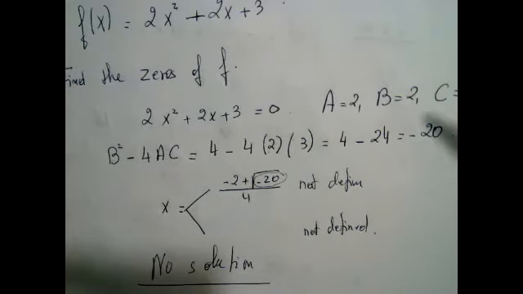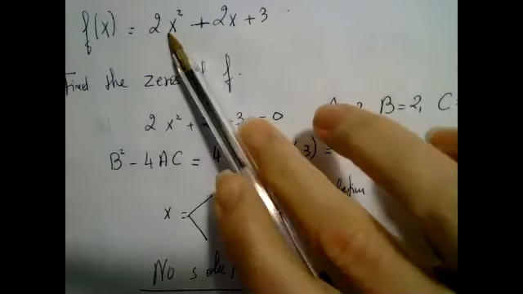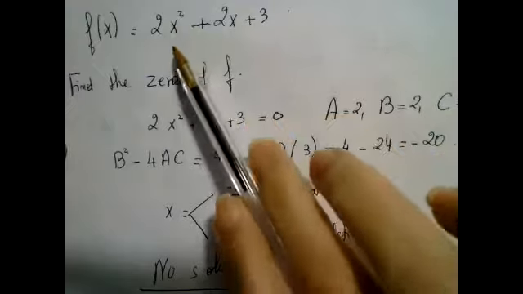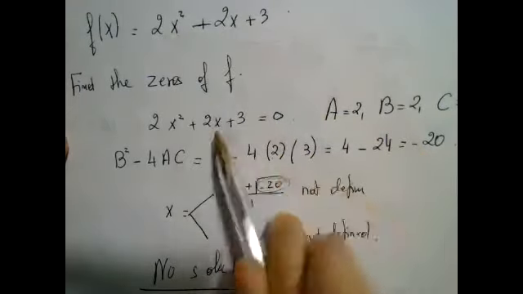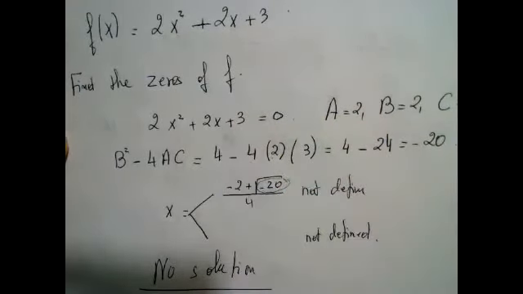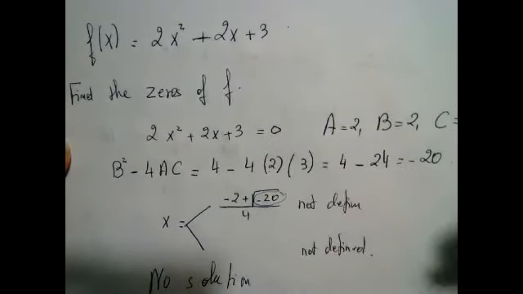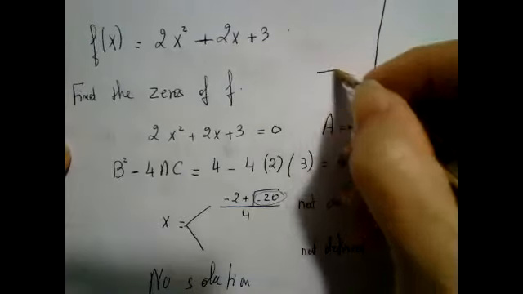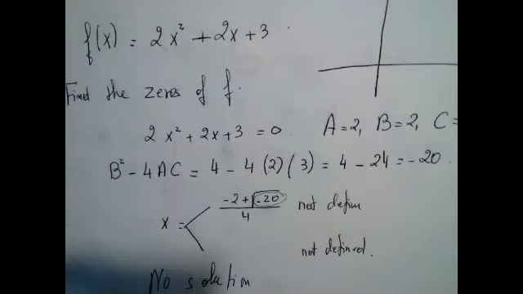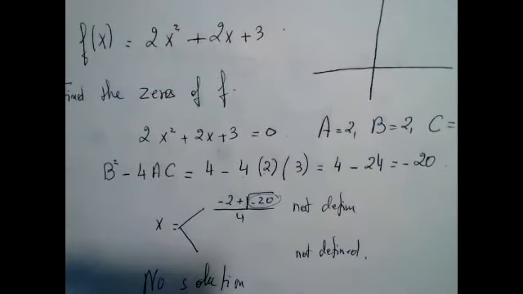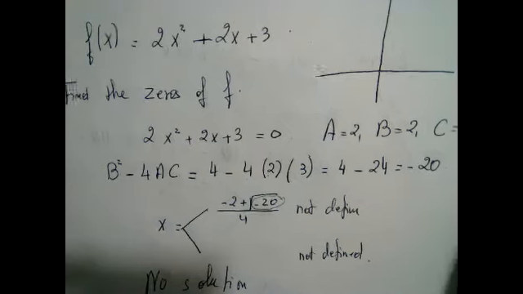Okay, so what does it mean, no solution? It means no matter what x you take and plug in here or in here, it doesn't really matter, same expression, you will never get 0. How does the graph of this function look? Okay, who can tell me? Exactly.